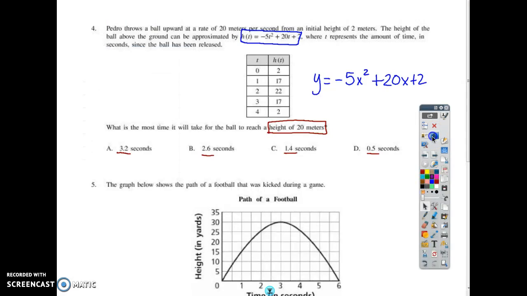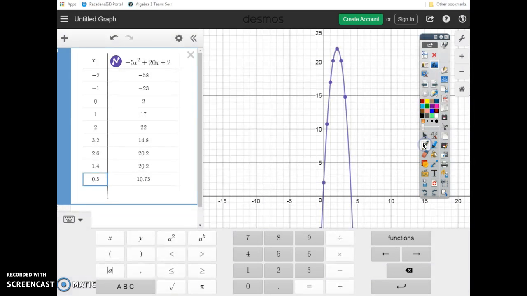So I guess we'll pick both of these since this one didn't give me a perfect 20. We're going to say that it hits 20 meters at 2.6, and then when it comes back down at 1.4 seconds, it goes up. See? At 1.4 seconds, it goes up. Over here.